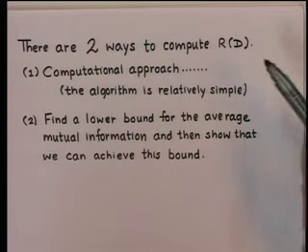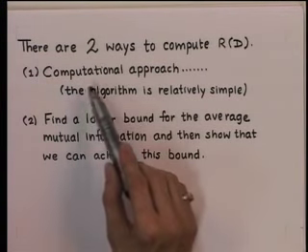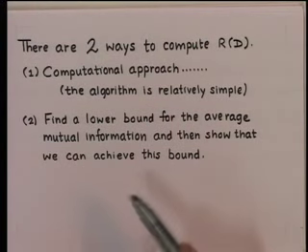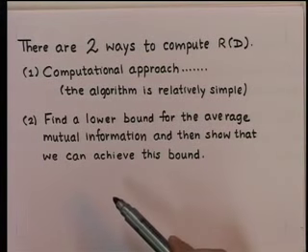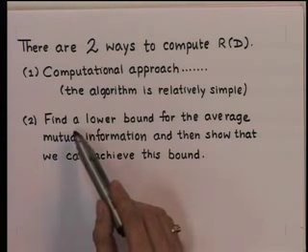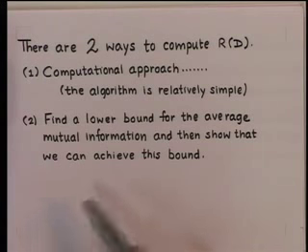Finally, how do we find the rate distortion function? There are two ways to compute the rate distortion function. One approach is basically a computational approach. The algorithm is relatively simple. We will have a look at this algorithm a little later, and the other approach is based on finding a lower bound for the average mutual information and then show that we can achieve this bound.